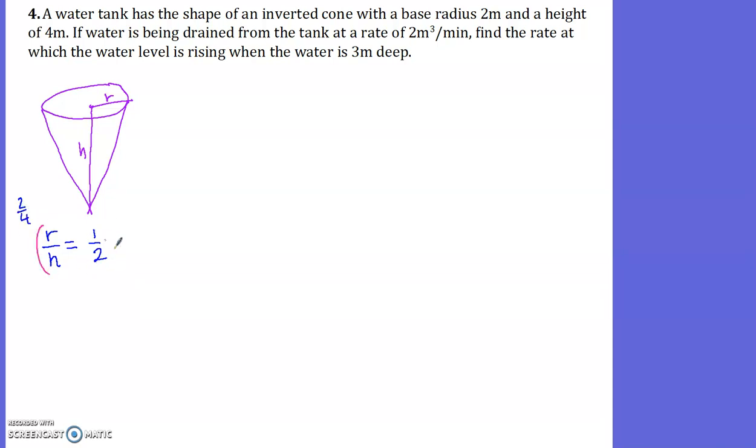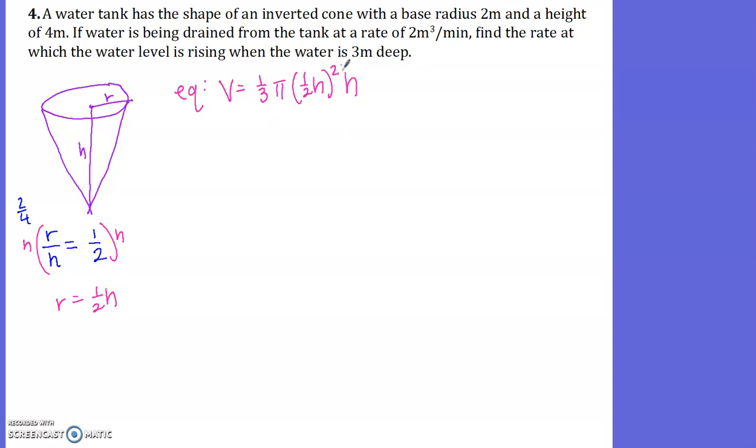Okay, and then you're always going to solve for R, so multiply by H, and you're going to get R equals 1/2 H. Then we're going to use that for our equation. So volume is 1/3 pi. Instead of R, I'm going to plug in 1/2 H squared times H. Okay. Then we're going to simplify.